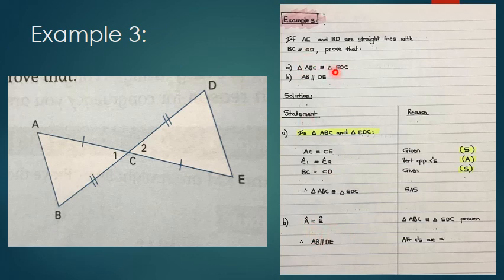Okay, so if you see your write-up, you can see that A is equal to E, and B, middle one, is equal to D, middle one. So aren't they then, what is that? Z that forms like that? It's alternate angles. Okay, and if alternate angles also the other way around, if those two angles are the same, it means that those two lines that they fall in between are parallel.